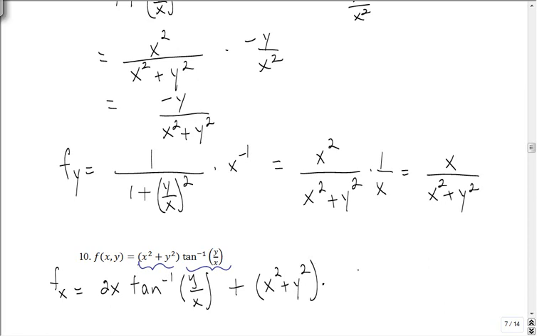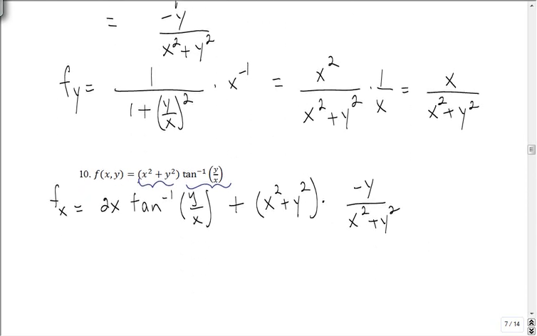So we got minus y over x squared plus y squared. So this leaves us with 2x tangent inverse y over x minus y. Done. Any questions on that? Because that was the product rule.